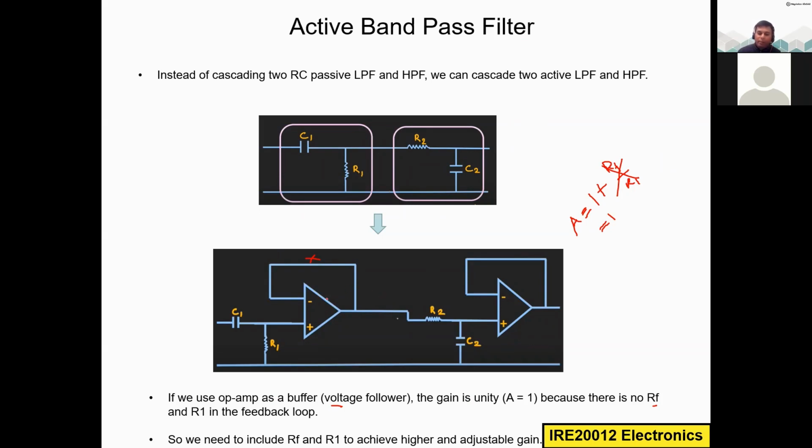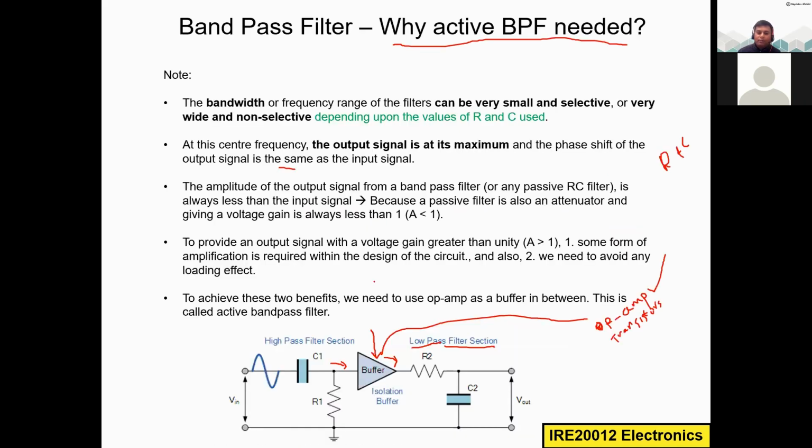If we want amplification, we just have to add RF and R1 and control the value of this gain. So we need to introduce RF and R1 to achieve higher and adjustable gain. That's all about this active band pass filter. In the active band pass filter, we are just introducing the operational amplifier, either as a buffer or as a non-inverting amplifier.